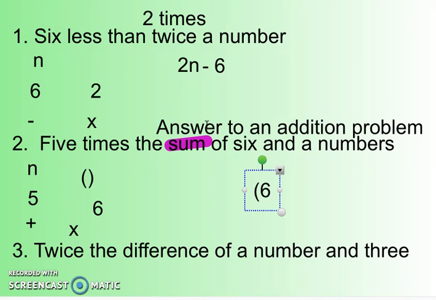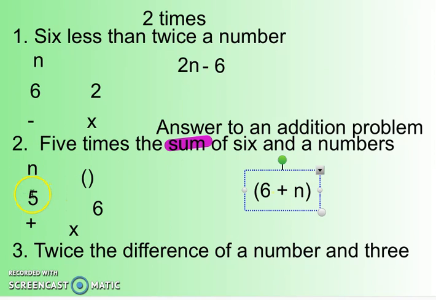Yes, the number 6, and you see the word and, our secret number. So we're going to put plus n, and I'm going to put parentheses around it so that we do this first. We're going to find the sum of it, find the answer to it, and then after we find that, we can do the rest of it.